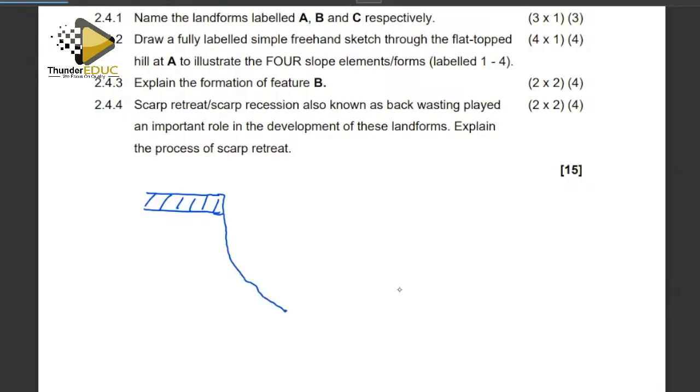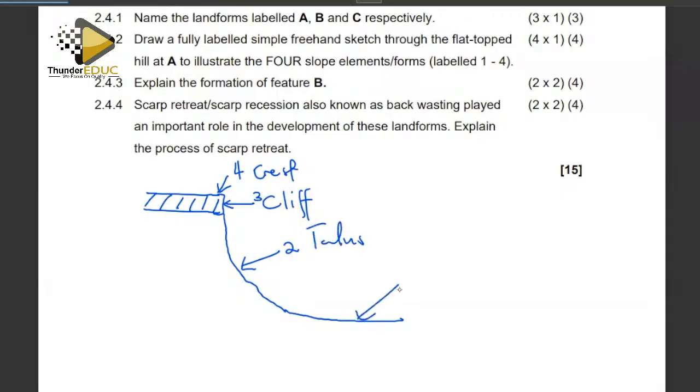Then going to the bottom, it's flat. So if we try to check, our number 4 is somewhere here, which is the crest. And our number 3 is pointing somewhere here, which is the cliff. Our number 2 is somewhere there, which is our talus slope. Then our number 1, which is our pediment.